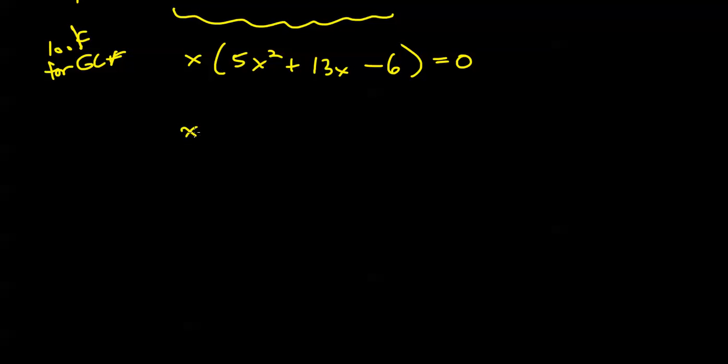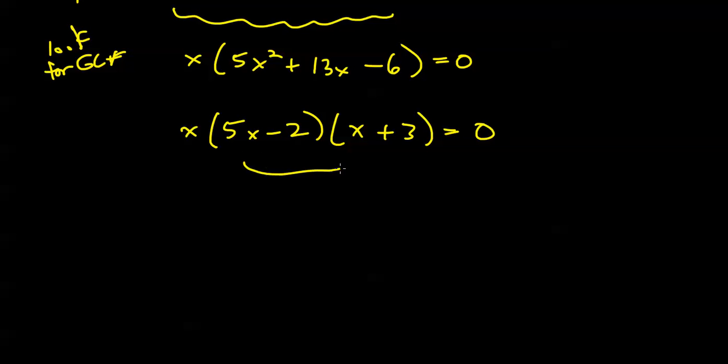Let's see, x times 5x minus 2 times x plus 3. Let me check that. 5x squared is the first product. 15x minus 2x is 13x, and minus 6. Yes, so that indeed does factor completely as I've written it here in this last step.